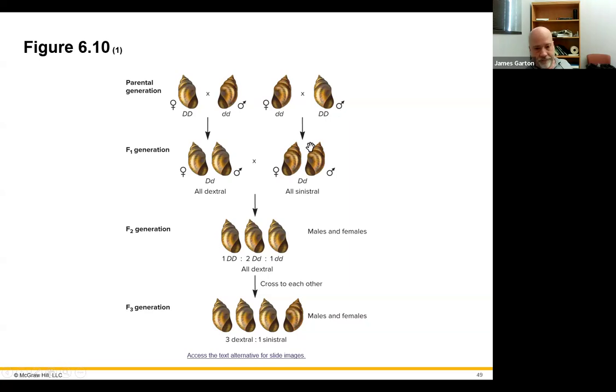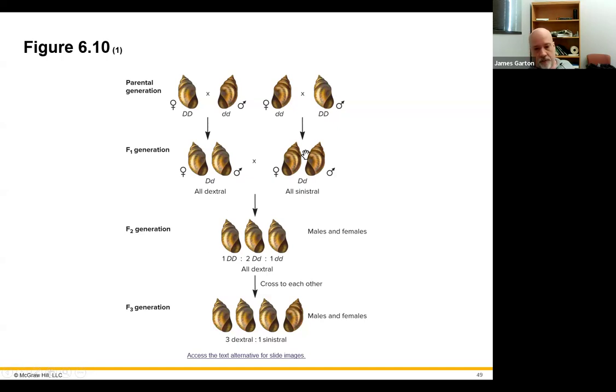Crossing individuals of this generation, you get a normal 1 to 2 to 1 genotypic distribution. But in this case, since the female parent is heterozygous, when her eggs are formed, the surrounding cells will contribute at least some of the RNA product from this dextral allele.